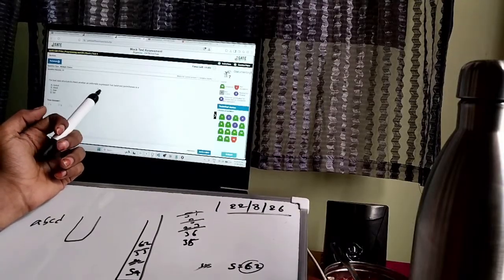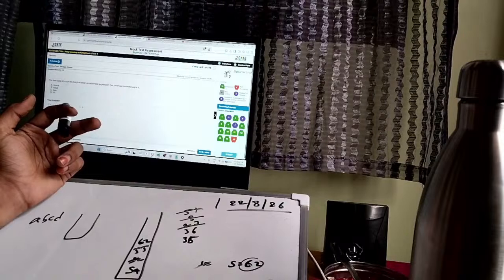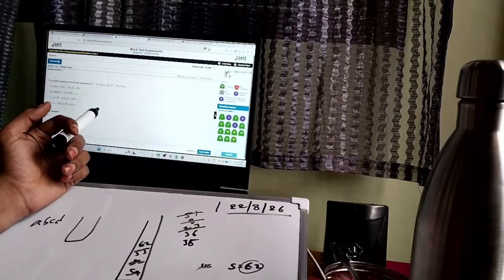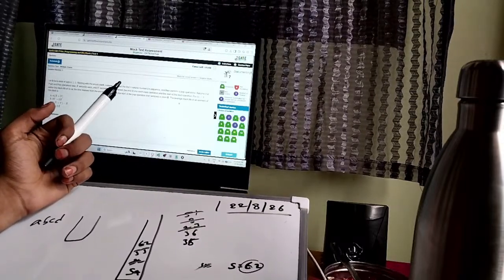So the best way is to check whether the other option is present in the stack. Check what questions are left.